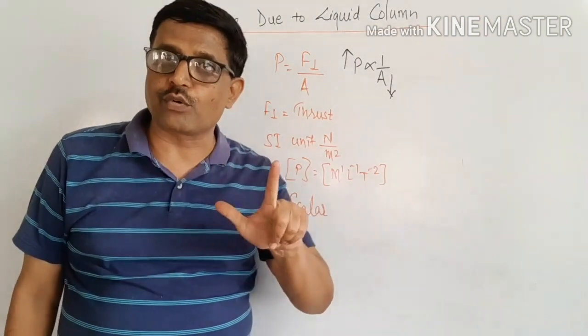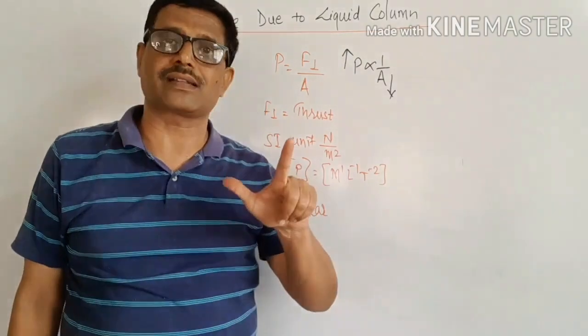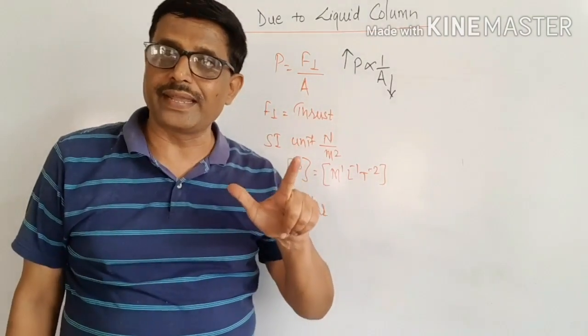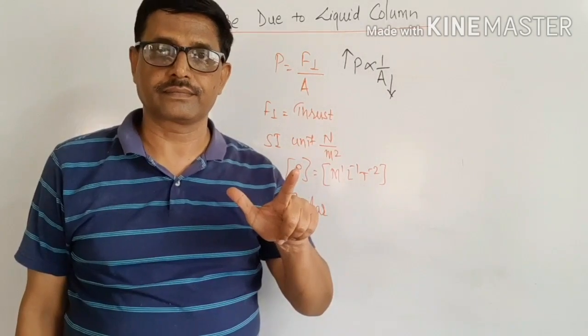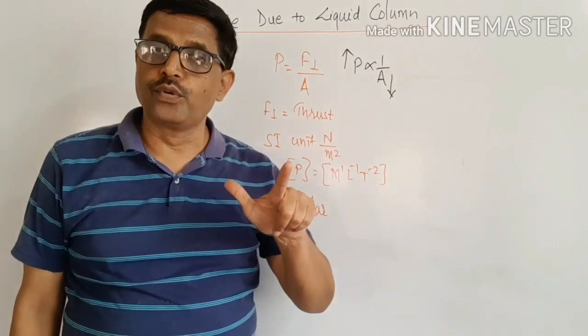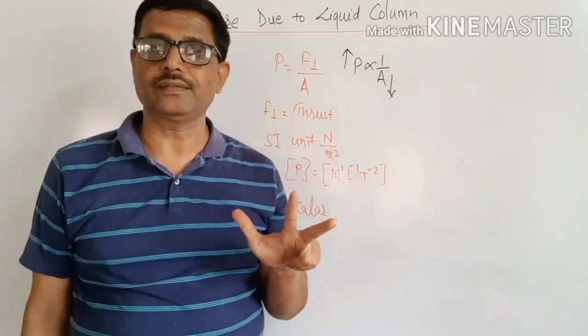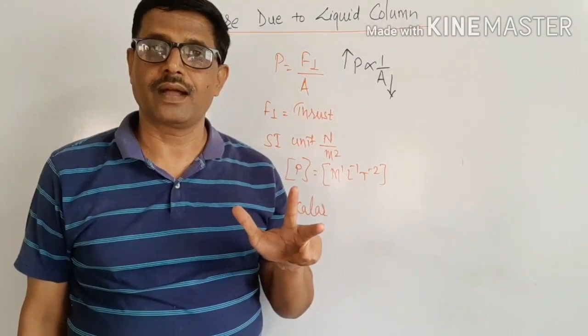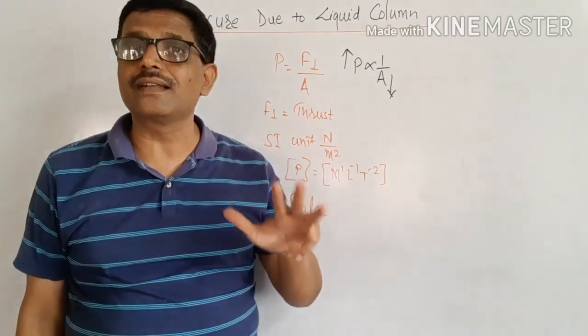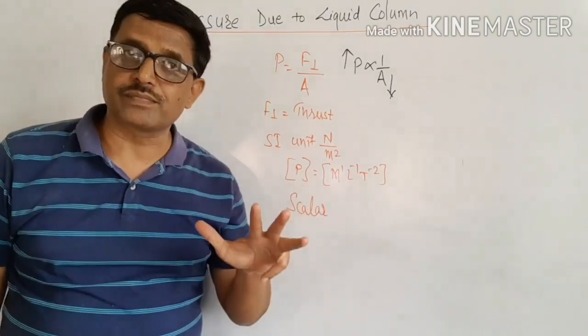Fluids do not have their own shape and size. They acquire the shape of container. Fluid opposes the deformation and the fluid exerts pressure on the walls of the container.